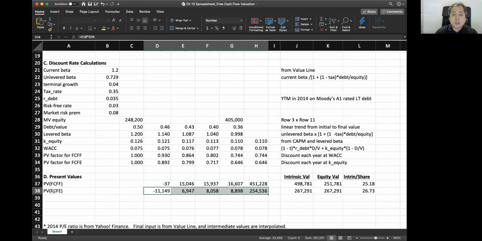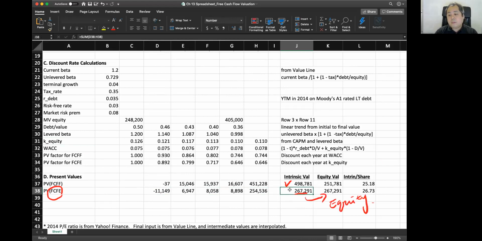So present value to equity holder is this one. Directly calculate the intrinsic value, and this value is actually calculated by the free cash flow to equity holder, which means that this itself is equity value. So you don't need to subtract the long-term debt, and this equity value divided by number of shares outstanding, and 26.73. So it's pretty close.